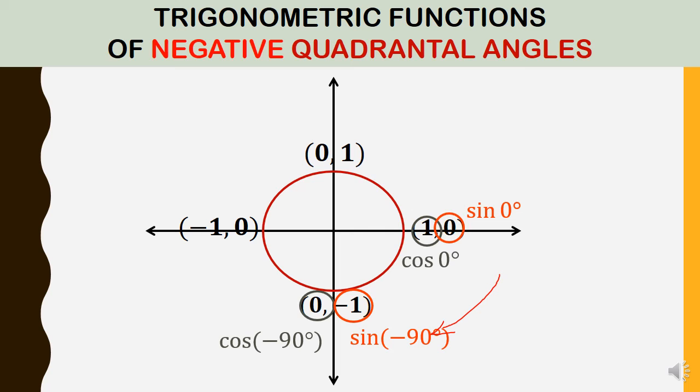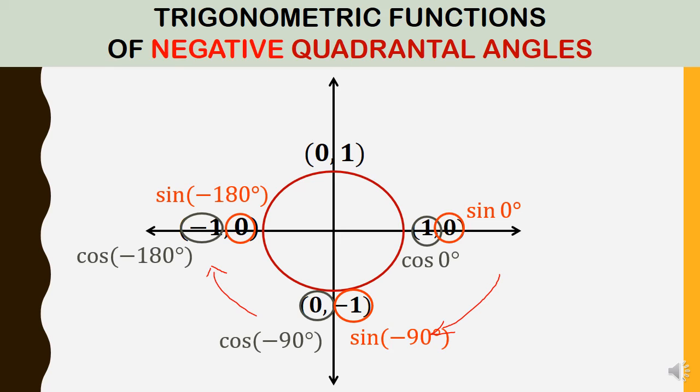Okay? Tapos move pa ulit tayo on a clockwise direction. This one, negative 1, will be the x, kaya associated with cosine of negative 180 degrees. The y coordinate of that, yung 0, is associated with sine of negative 180 degrees.